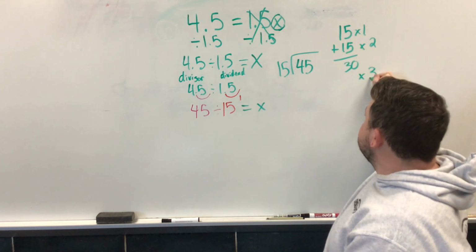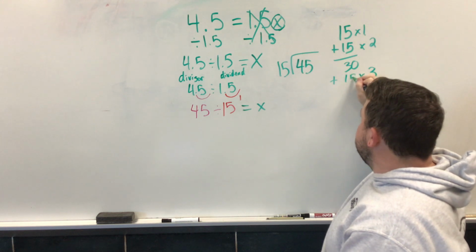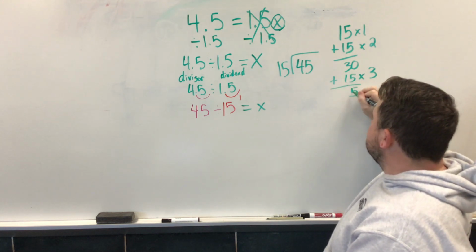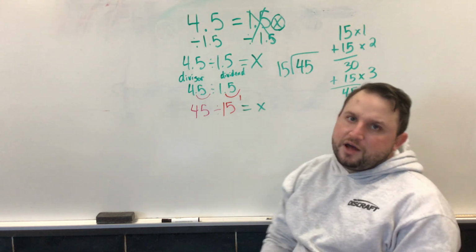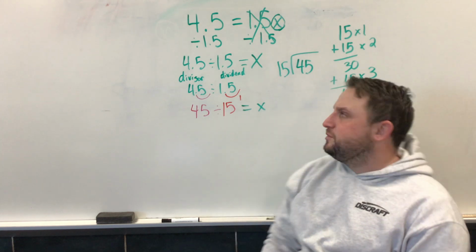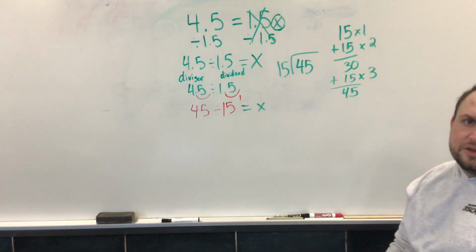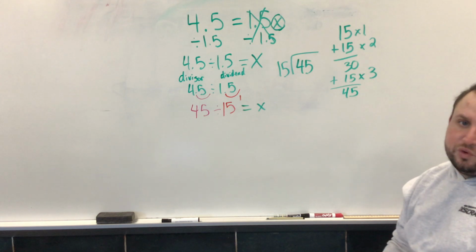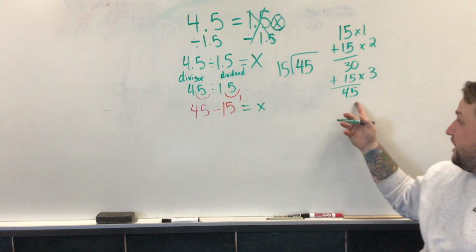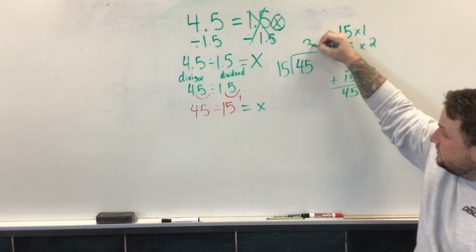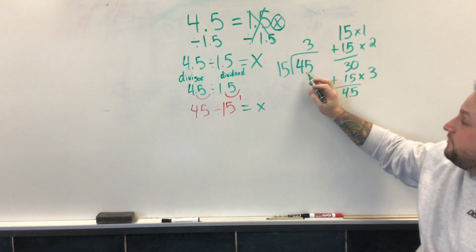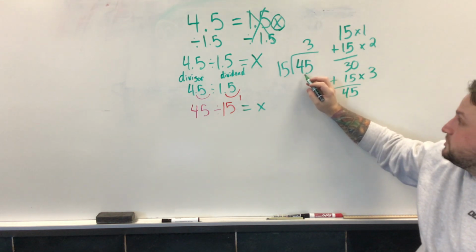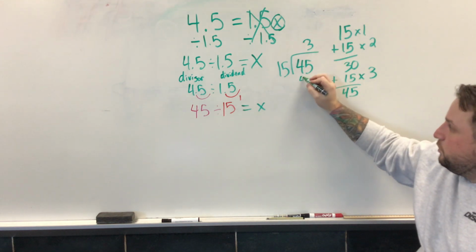Not quite there yet. Times 3, plus 15, and I get 45. Now, it doesn't make any sense for me to have to go back through and do all of this work all the way up to 5 when I already know the answer. 45 divided by 15 is 3. 3 times 15, 45.